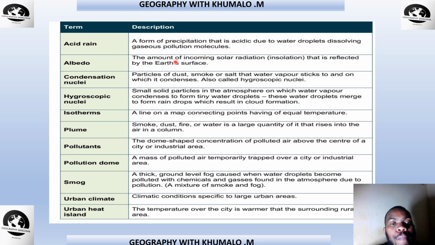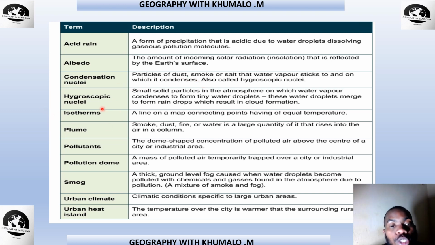We call it albedo. We've got condensation nuclei, the particles of dust, smoke, or salt that water vapor sticks to and on which it condenses, also called the hygroscopic nuclei. So the hygroscopic nuclei and the condensation nuclei are one and the same thing.